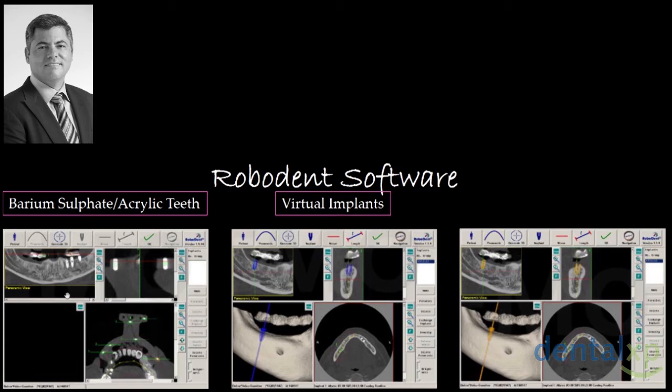But what really was incredible was when I was looking at these people back in 2000, they were already utilizing the barium sulfate acrylic teeth and doing all these scanning appliances to try to get an idea of the prosthetic position to have a prosthetic end result. They were also having virtual implants already, and they were also being able to trace some of the anatomical structures.